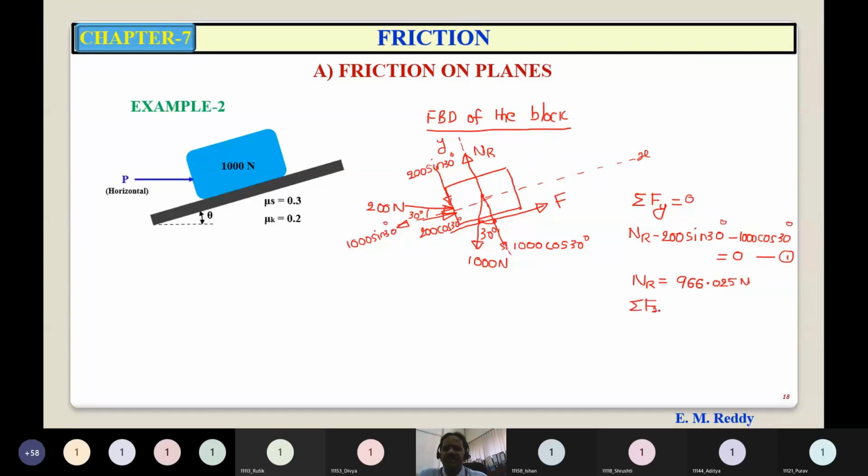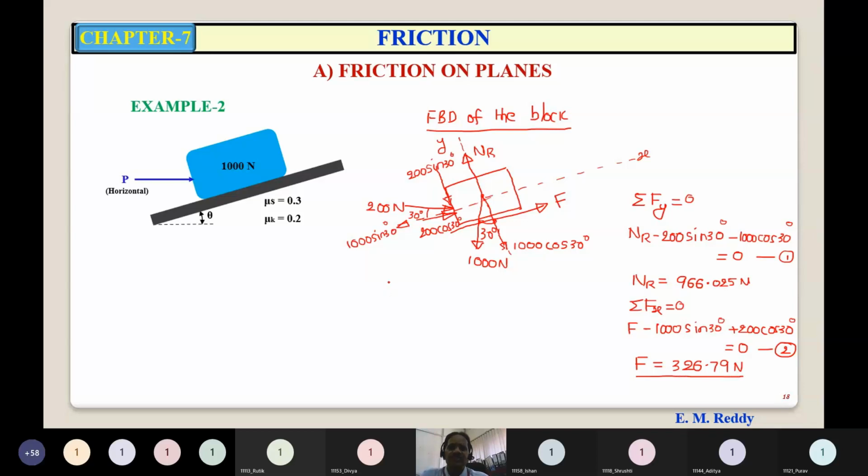Now writing summation Fx equal to 0: plus F minus 1000 sin 30 plus 200 cos 30 is equal to 0. Solving this equation, you get F as 326.79 Newton. So it is the force required to maintain equilibrium.